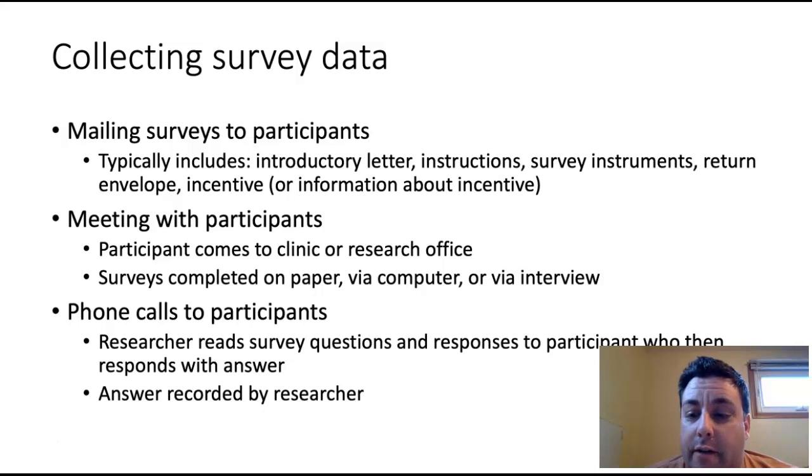We're going to touch on incentives a couple of different times during the course of this lecture here today. Mailing surveys is nice. There is some cost associated with it, of course, but participants can sort of complete them at their leisure and mail them back.